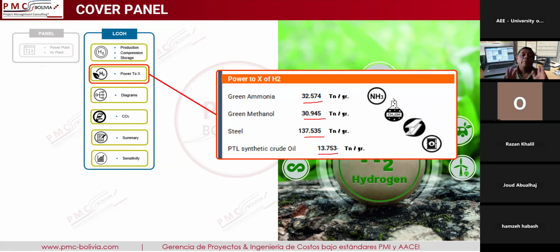It means that I produce and store some quantity of green hydrogen, so it gives a good idea of the applications we can have with hydrogen.